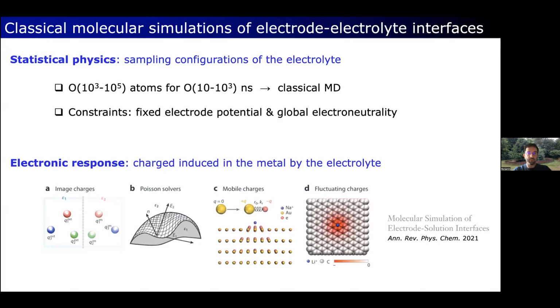The reason why we want to use classical MD is that for the systems I've mentioned, so especially the nanoporous carbon electrodes, but also for things like phase transitions and double layers that may extend over several nanometers, you easily need thousands or up to 10 or 100,000 of atoms, and the simulation times you need to explore are of the order of several nanoseconds to tens or hundreds of nanoseconds.